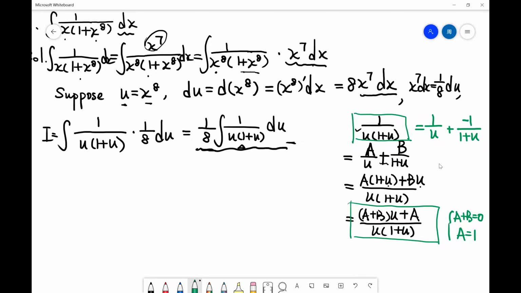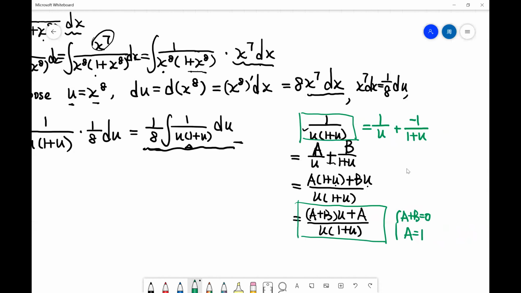So that is 1 by u minus 1 by 1 plus u. So guys, can you understand this part? Can you understand? Do you have any questions here? Laushik, can you repeat again, please?